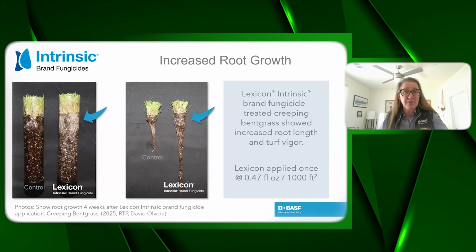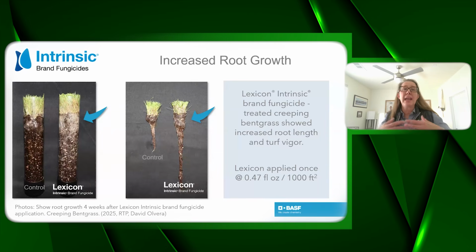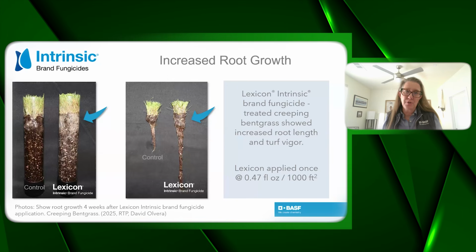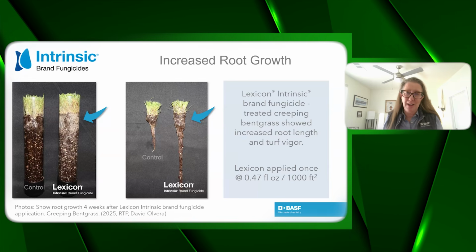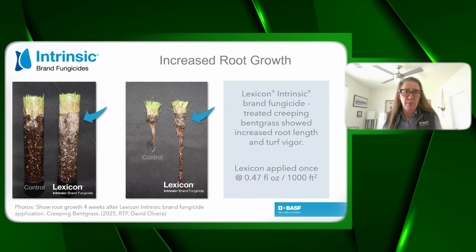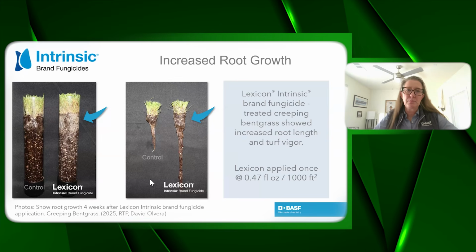So that means when you have a stress event, you've got a lot of plant under the ground to help that canopy recover. If you have a heat dome, you're going to recover faster. If you have an accidental scalping, you're going to recover faster. Anything that happens to that plant, you've got a lot more biomass underneath the surface to recover more quickly.